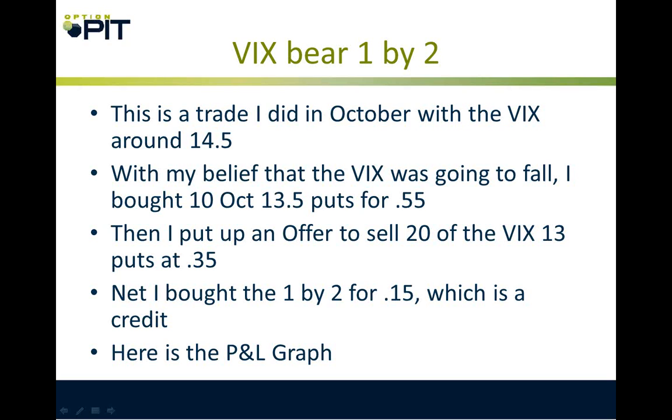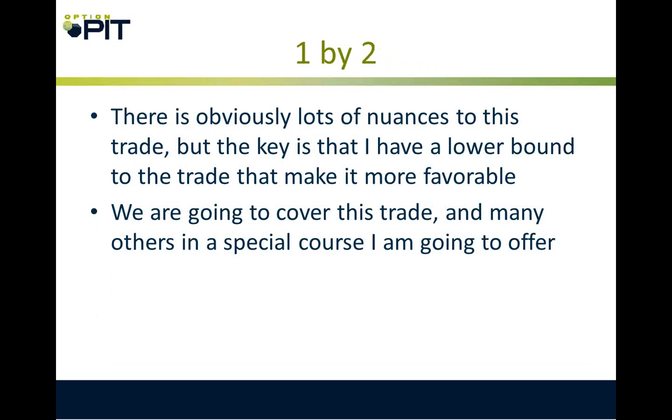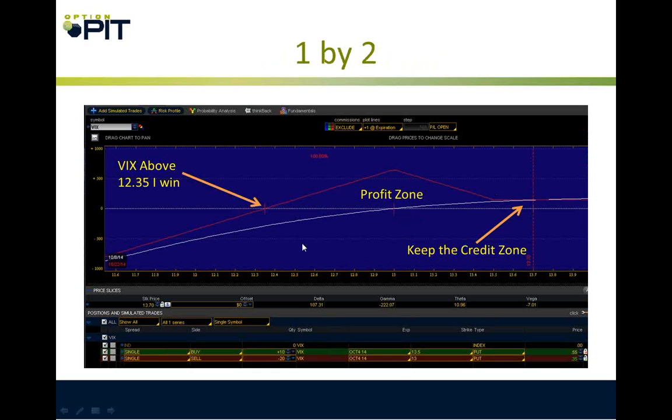So what I did was I bought 10 of the VIX 13.5 puts for 55 cents. I then sold 20 of the 13 puts at 35 cents. Net, I bought that 1x2 for a 15-cent credit. And so people say, well, Mark, why do you like this better than just selling the 12.5 put? And I'll tell you why.